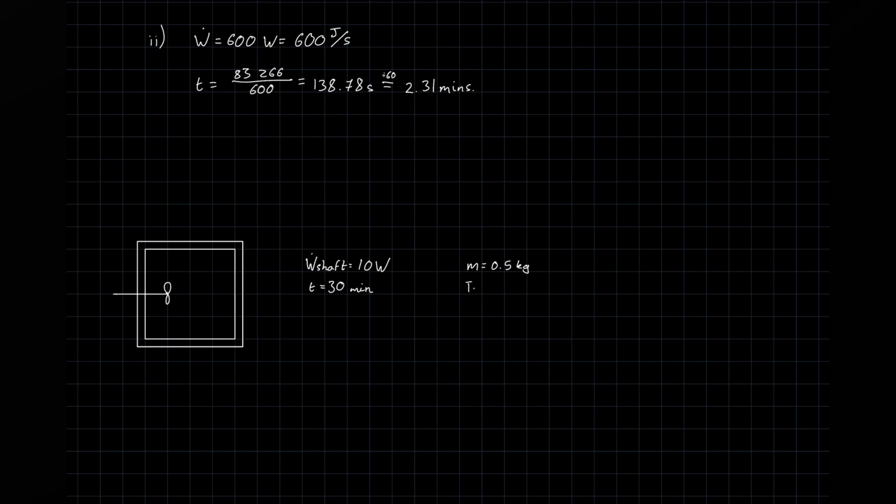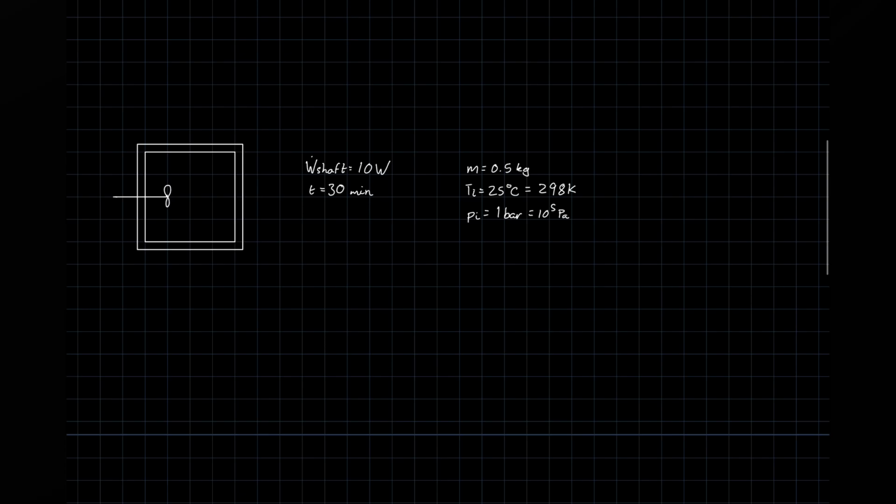We know that T initial is 25 degrees C, and P initial is also 1 bar, which is 100,000 Pascal or 10 to the 5 Pascal. And this in Kelvin would be 298 Kelvin.